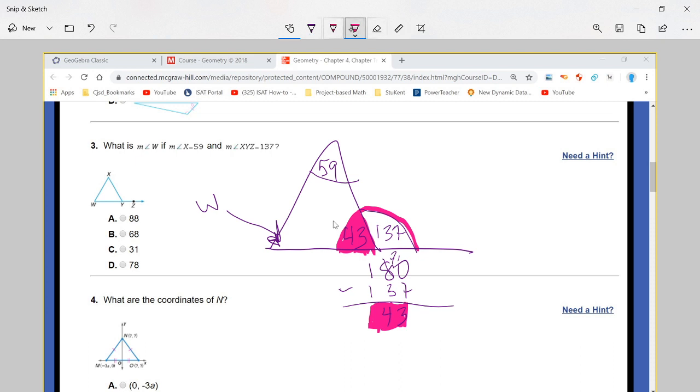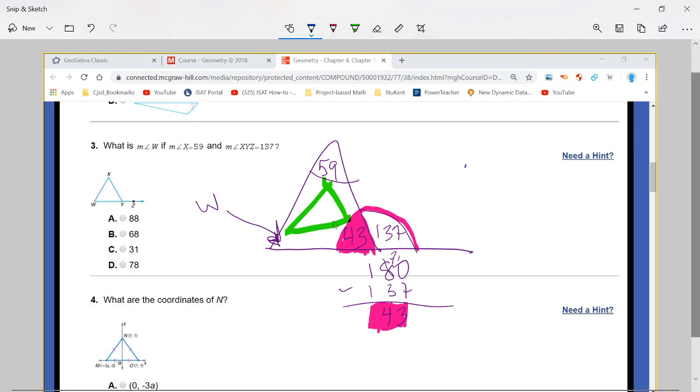So what else do I know here? Well, I know that these three together have to sum to 180 by the triangle sum theorem, right? So if I say 43 plus 59 plus W, that has to equal 180 also.